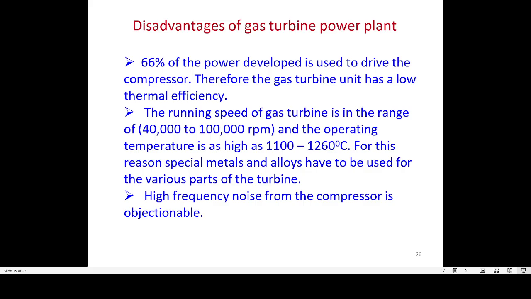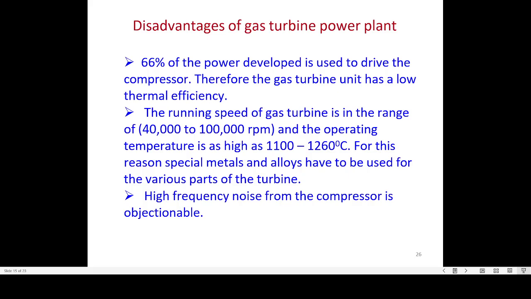As far as this video is concerned, we have seen what different points we are going to study in the gas turbine power plant. We have seen the layout for the gas turbine power plant. We also discussed the working principle, the two different cycles, namely open cycle gas turbine and closed cycle gas turbine plant, and how they are different.